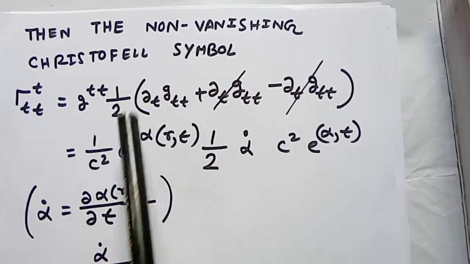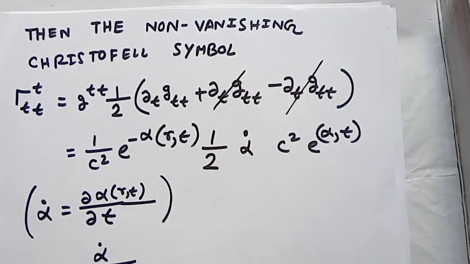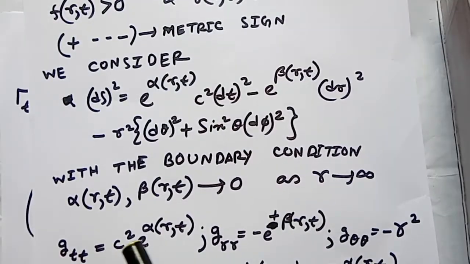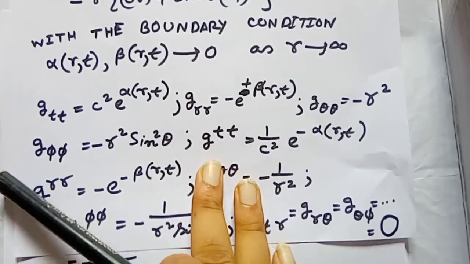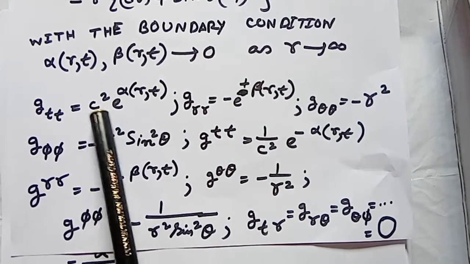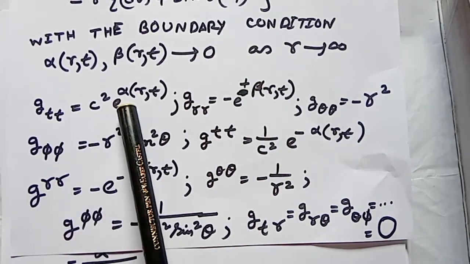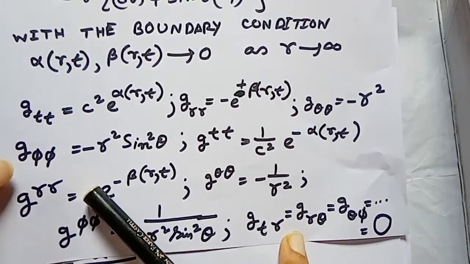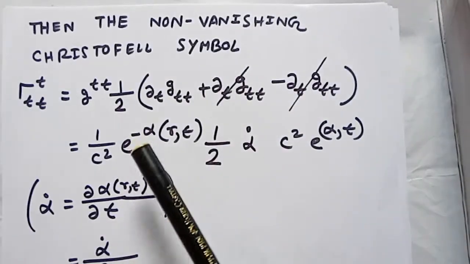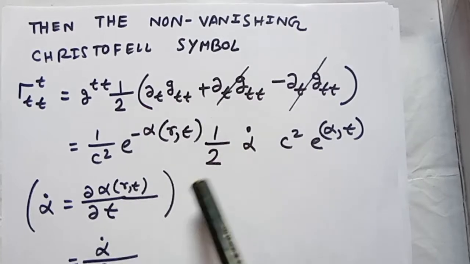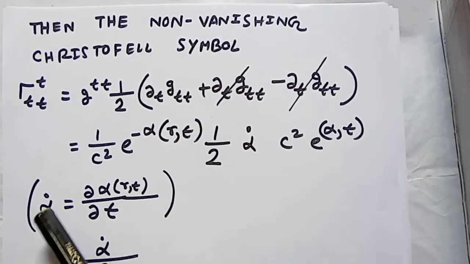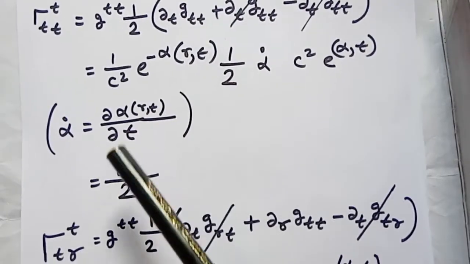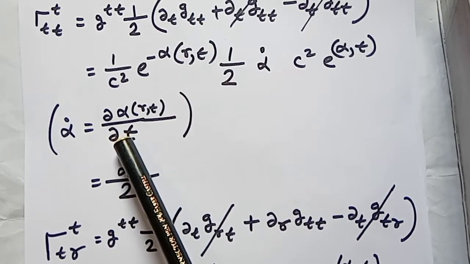Now we know that g subscript tt is c squared e to the power alpha, and g superscript tt is 1 over c squared e to the minus alpha. We put that value in, differentiate with respect to time, and we get alpha dot divided by 2, where dot stands for differentiating with respect to time.